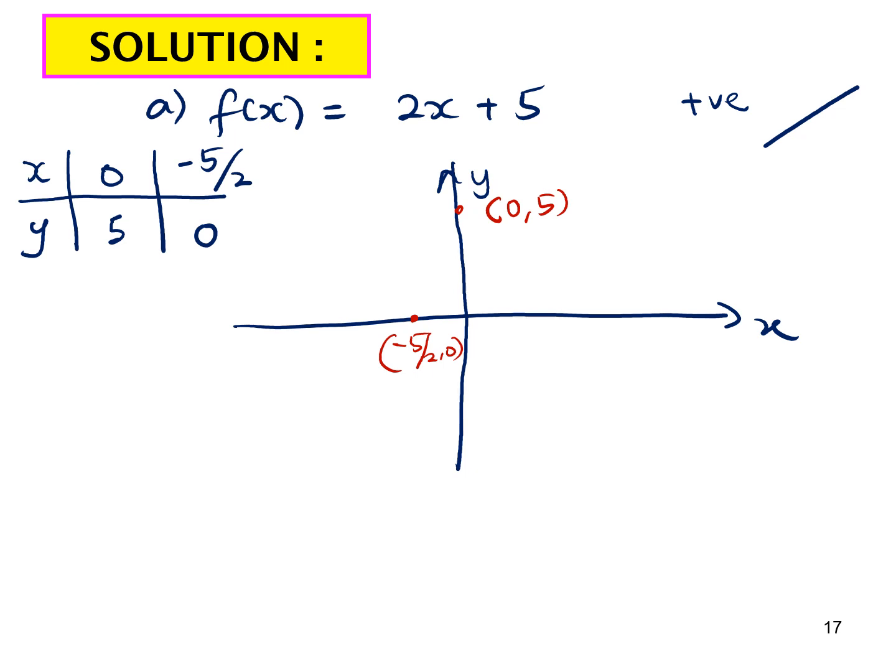After that, you join these 2 points, a straight line with a positive gradient.